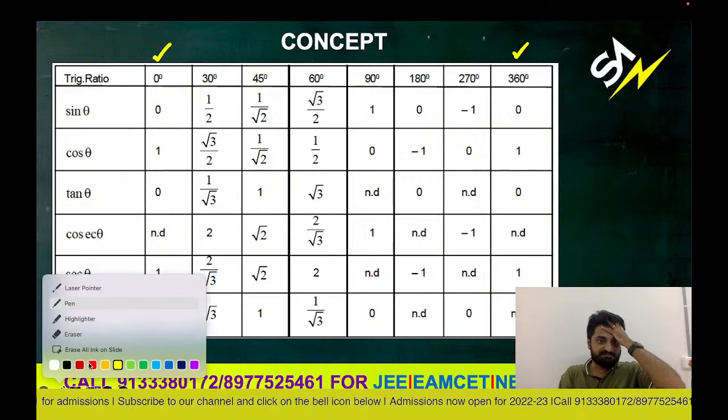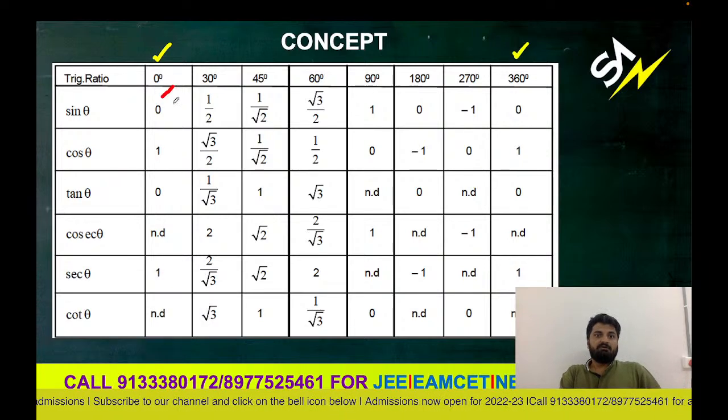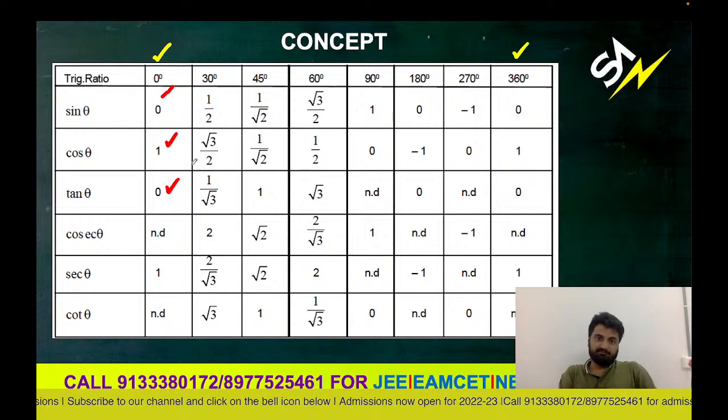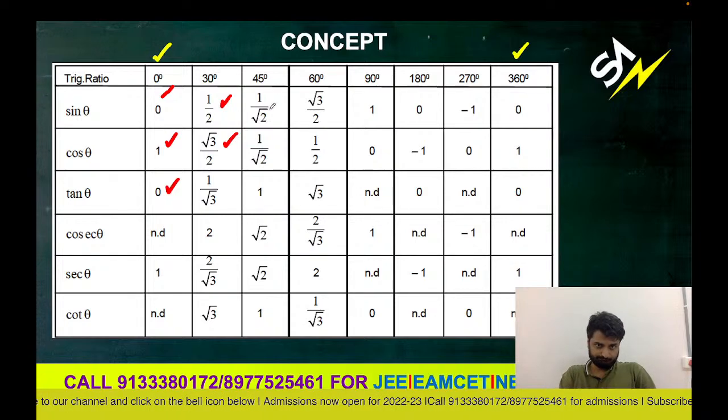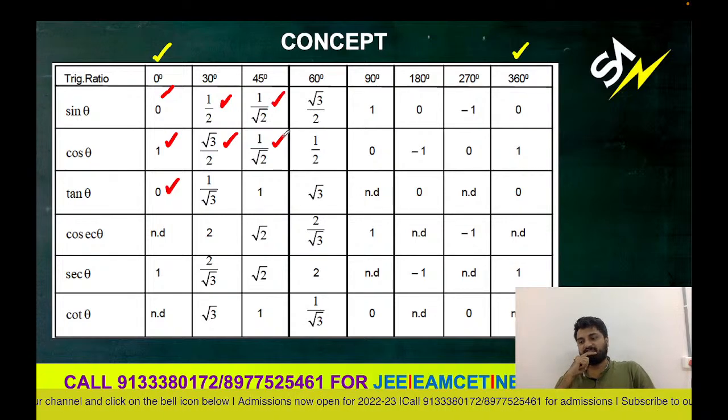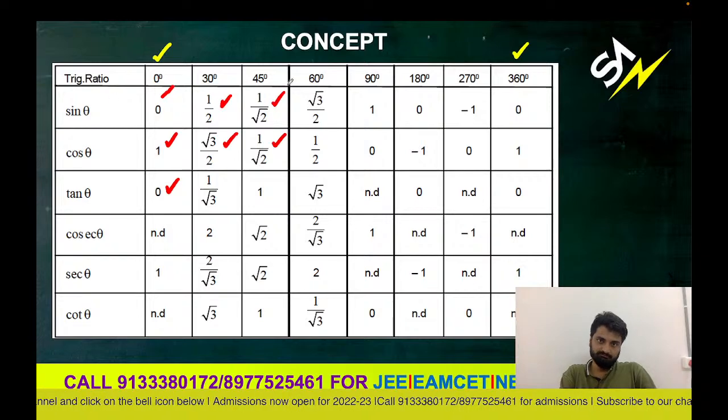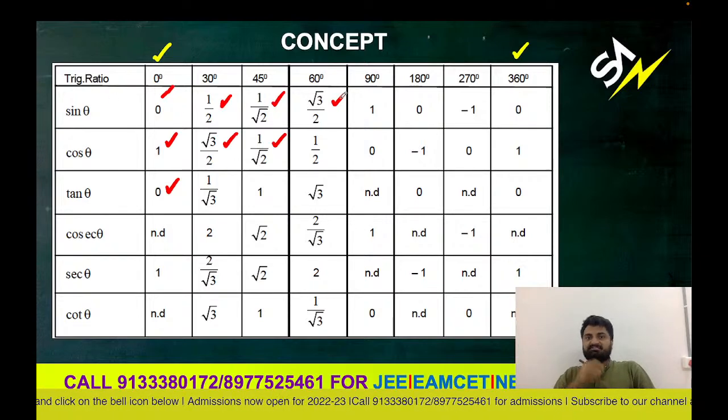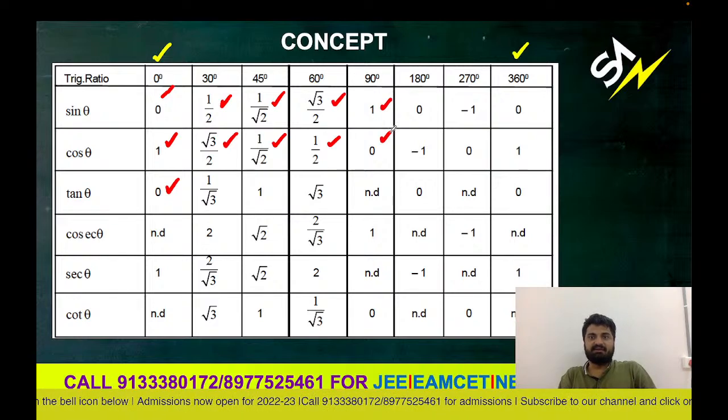So we all know that sin 0 is 0, cos 0 is 1, tan 0 is 0, sin 30 is half, whereas cos 30 is root 3 by 2. Sin 45 and cos 45 are both the same, 1 by root 2. Sin 60 is root 3 by 2, cos 60 is 1 by 2. Sin 90 is 1, cos 90 is 0.